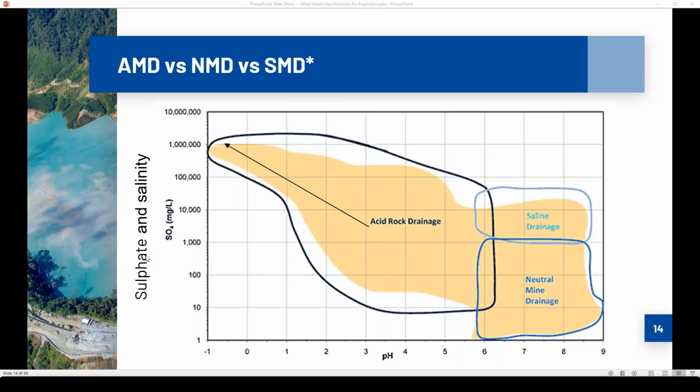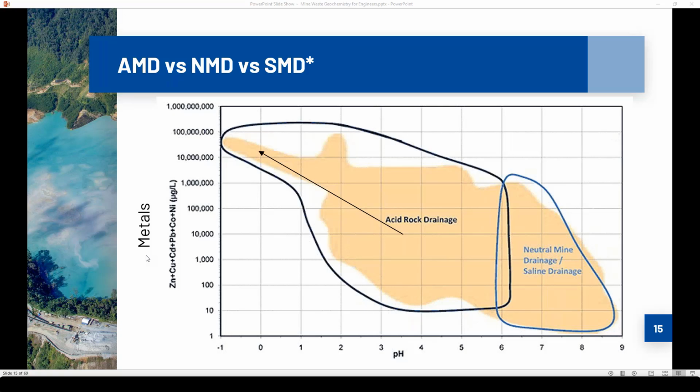And that's why a lot of the focus in design and in our understanding is on understanding what the final pH might be. More importantly is when we consider some of these common minerals that can be problematic.